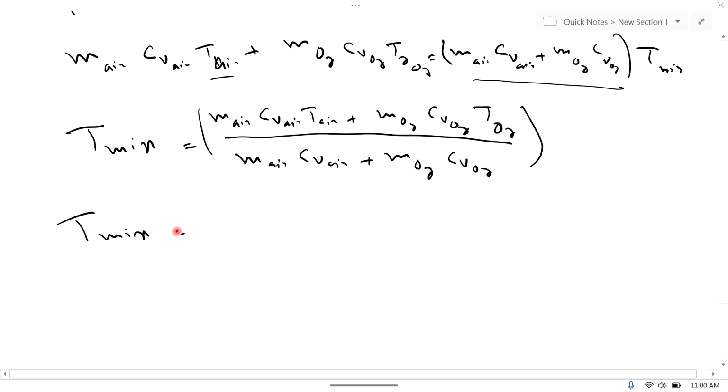So T of mixture is equal to mass of air is 2.399 kilogram. CV of air is basically 0.718 kilojoule per kilogram per Kelvin, and temperature of air is basically 305 Kelvin.